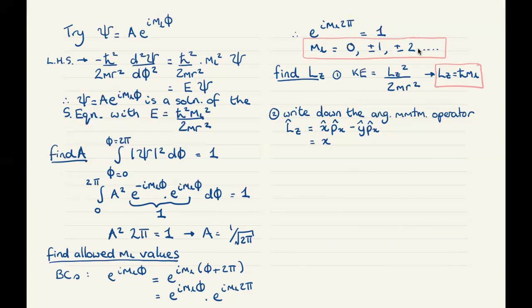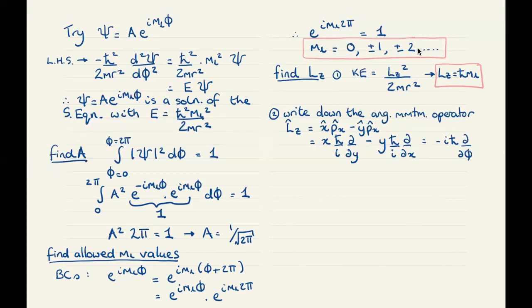So the operator for x is just multiplied by x. The operator for p sub y is h bar over i d by dy. The operator for y is multiplied by y, and the operator for p sub x is h bar over i d by dx, which in spherical polar coordinates is minus i h bar d by d phi.